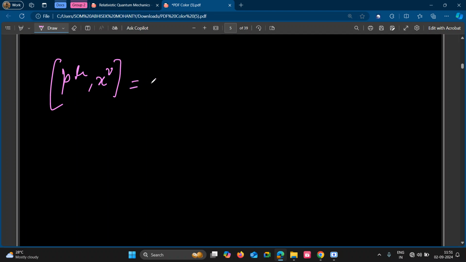So it will be i h cut. What is p mu? Del by del x mu. This is contravariant, this is x nu. x nu is what? How can I write it? g nu sigma x sigma.